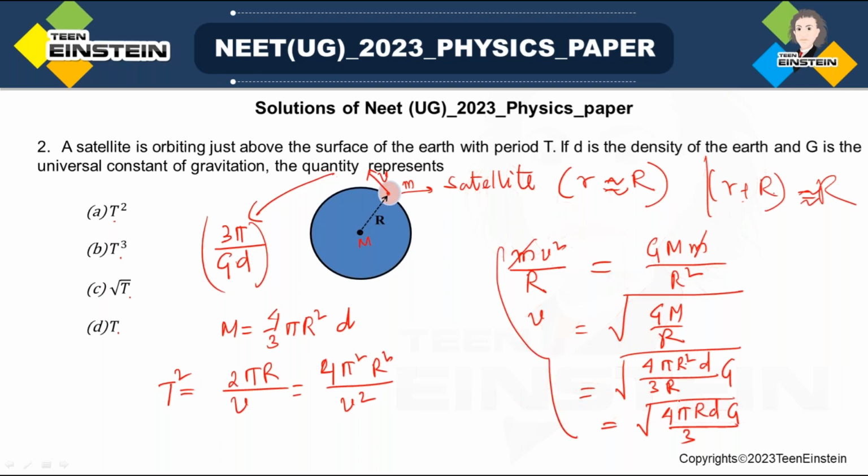So v square means, see, v square is this, so 3 will go in the numerator, and see, this is v square I'm writing here. V square I'll put directly, that is 4 pi r d and g. Okay, so this is this.